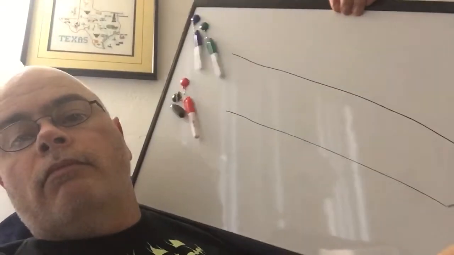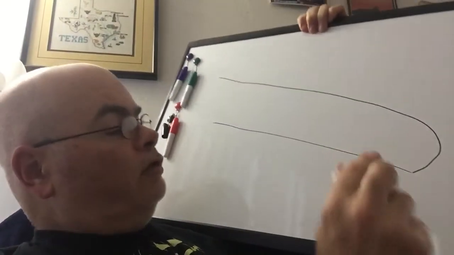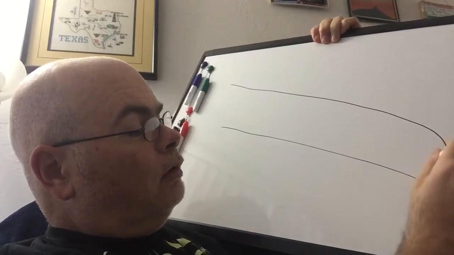So I'm going to draw out basically a typical alpine glacier longitudinal cross section. In other words, a cross section down through the center of the glacier. Okay, basically looks something like this.